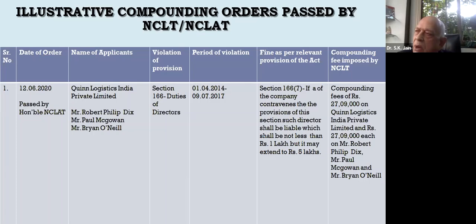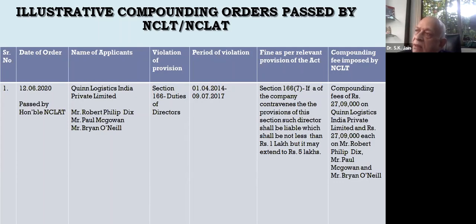I requested the Honorable Regional Director that you cannot impose less than 50,000, so kindly impose 50,000. Then he said, no, I will slightly increase the amount. He ultimately fixed 70,000 per director. Now, each director has to pay this fine.